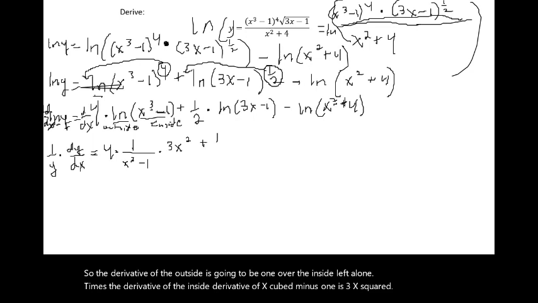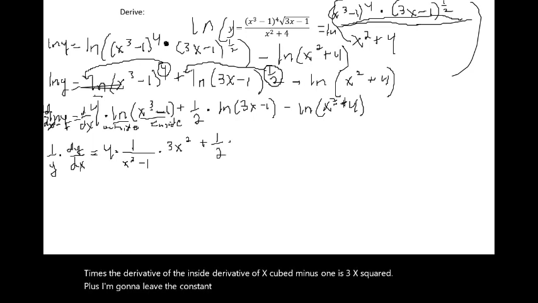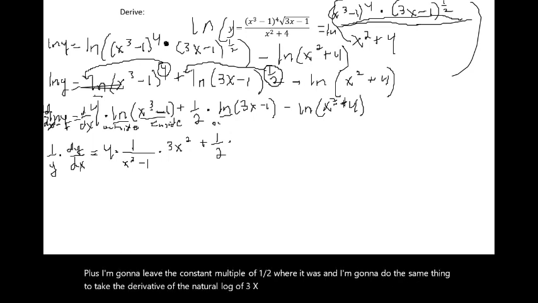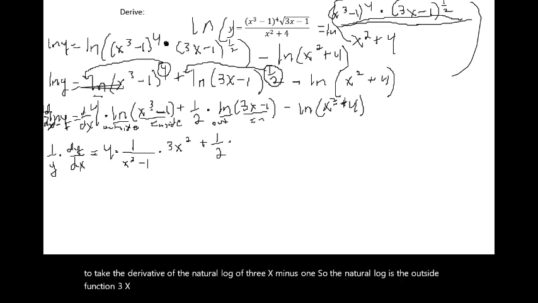Plus, I'm going to leave the constant multiple of 1/2 where it was, and I'm going to do the same thing to take the derivative of the natural log of 3x minus 1. So the natural log is the outside function, 3x minus 1 is the inside function. So the derivative of the outside is going to be 1 over the inside left alone, times the derivative of the inside, which is 3.